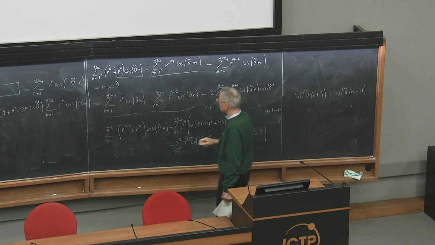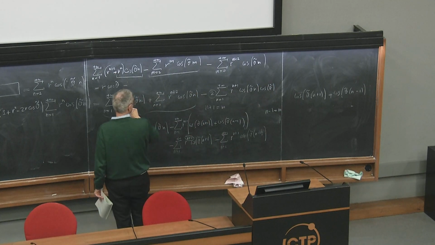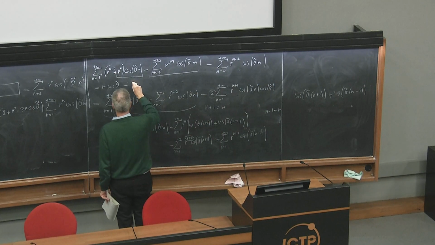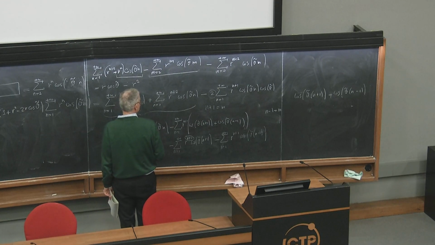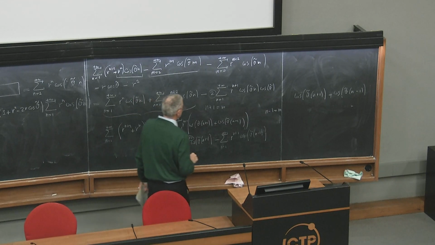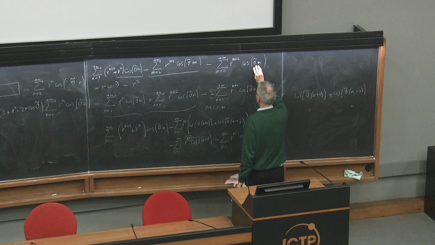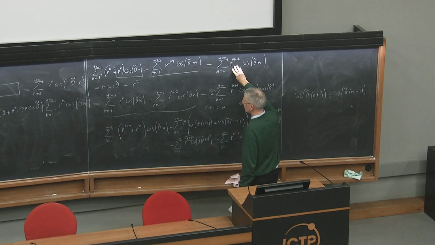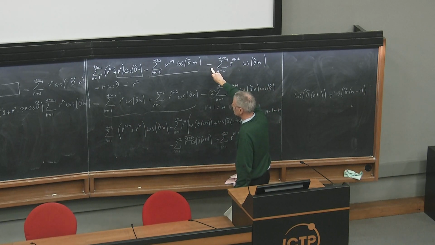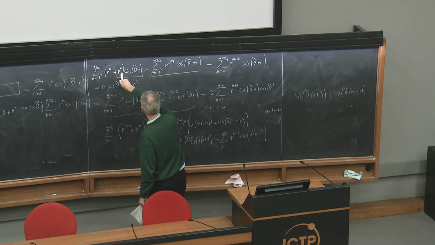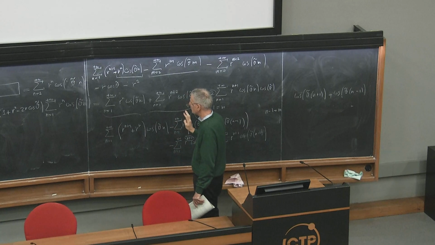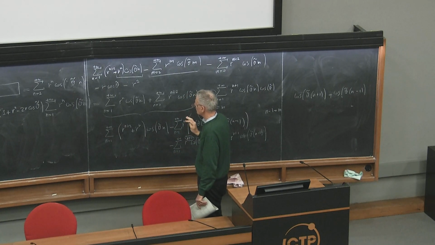So this gives us minus r squared, correct? M equals 0, this is 1, this is r squared with the minus in front, equal to 1 r. It seems to me that this is what we get, okay?